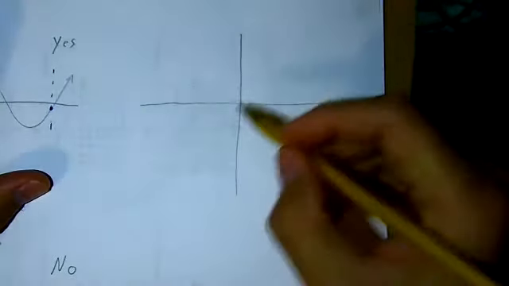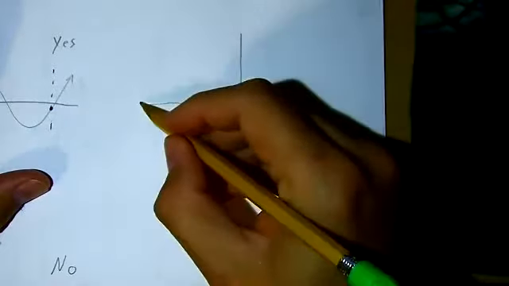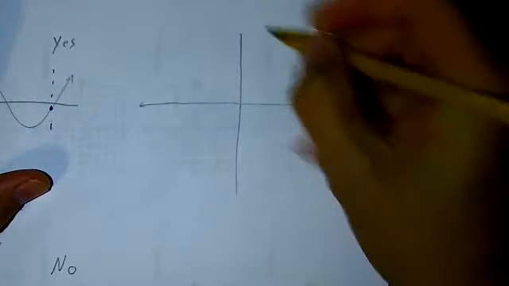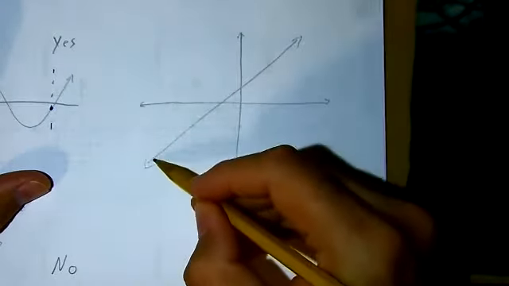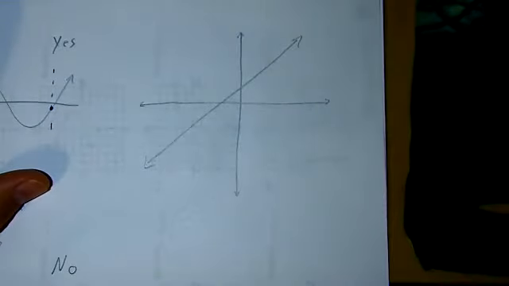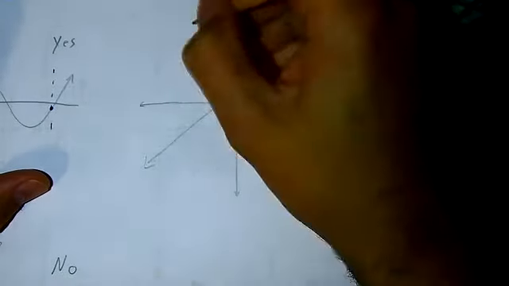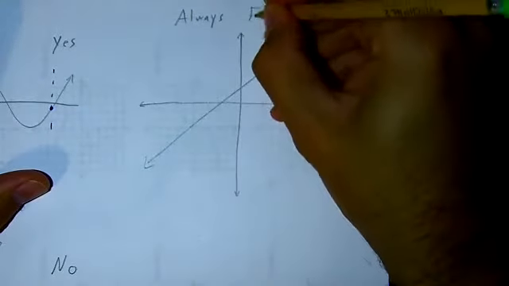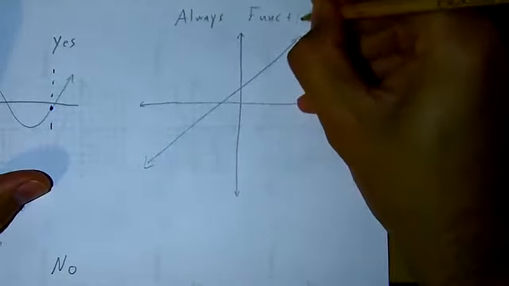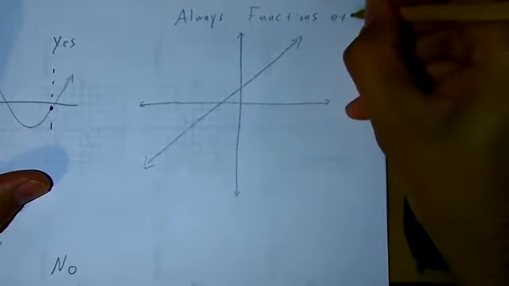Now, one easy hint is that linear equations or straight lines, we'll talk about those later. So there's your linear equation, are always functions except one.